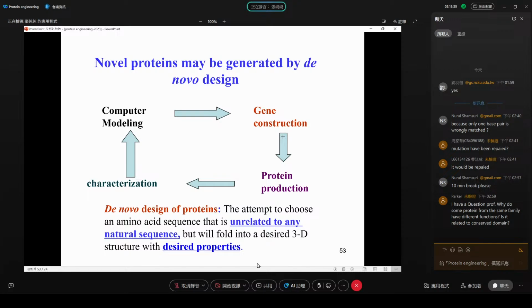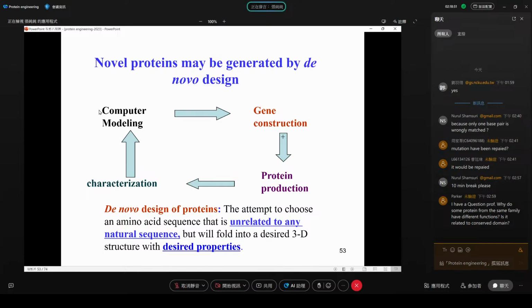Such as, you want some new protein to have a stronger recognition for a certain protein substrate, then that's your desired property. So you don't have to derive it from the native protein.